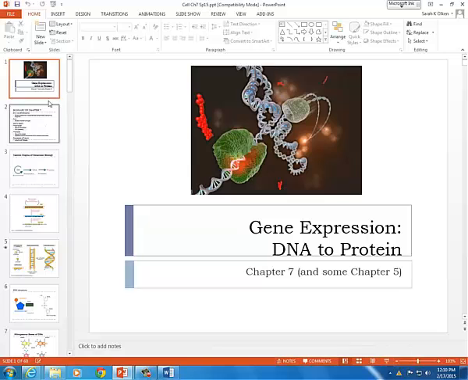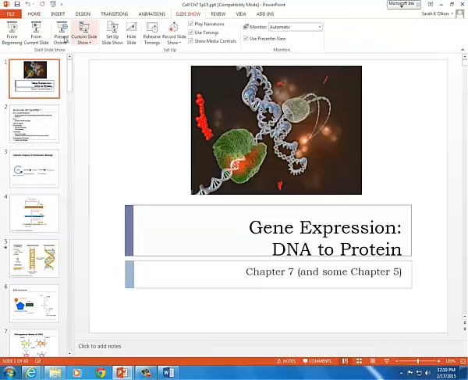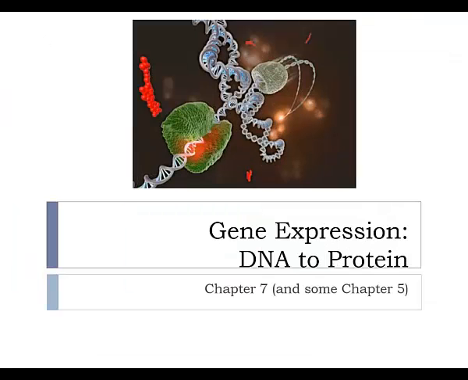So I'm going to quickly go over a little bit of background information that you'll find in chapter 5 and that hopefully you've already learned, so this should sound familiar from general biology. There are a few key aspects of DNA that you need to understand before we can talk about gene expression. All right, so I want you to think back.